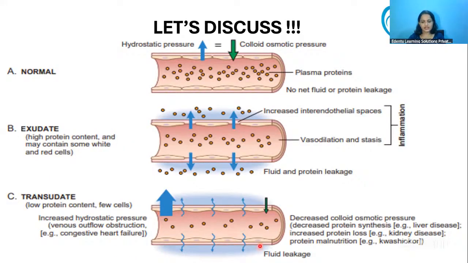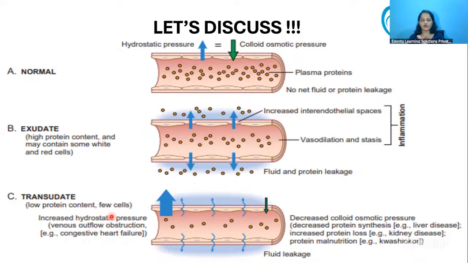But in transudate, the hydrostatic pressure is getting increased, like in congestive cardiac failure, or there is decreased colloid osmotic pressure, for example in liver or kidney disease. Because of these conditions, the fluid is getting leaked to outside of the blood vessels, which will produce a transudate with low protein content and very few cells.